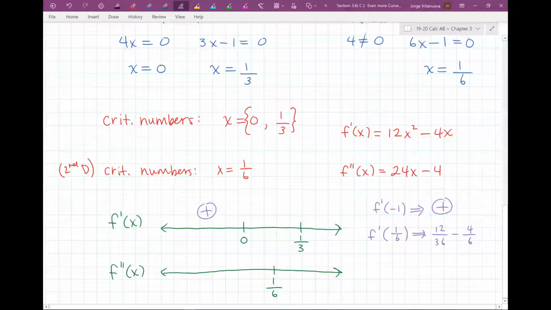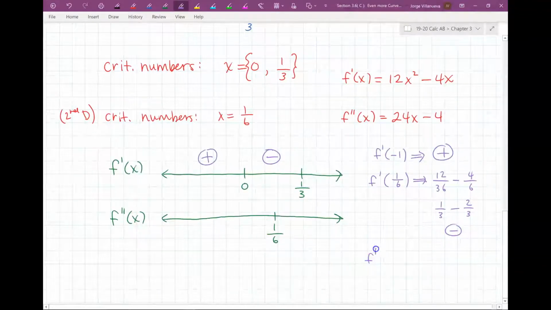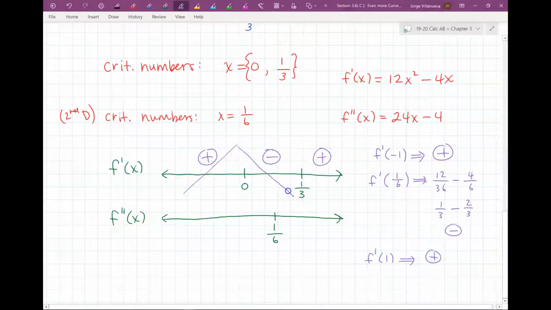If I reduce that, that'd be 1/3 minus 2/3. So that would be negative, right? That's a negative. What about if I plug in a number bigger than 1/3? I'll try a 1. That's an easy number. F prime of 1. So it'd be 12 minus 4. All right, so I know this graph is going up, down, then up.